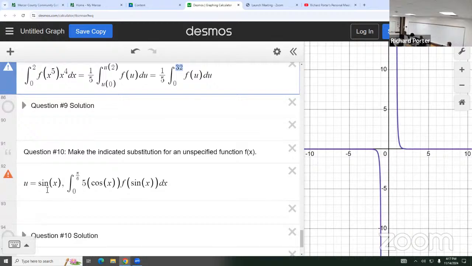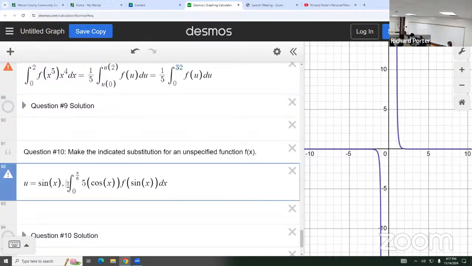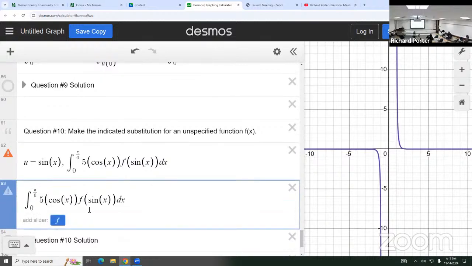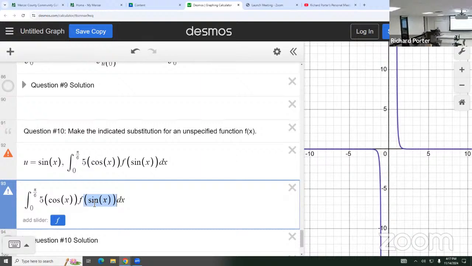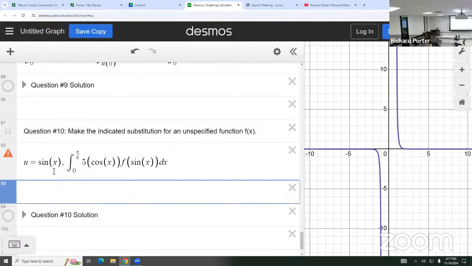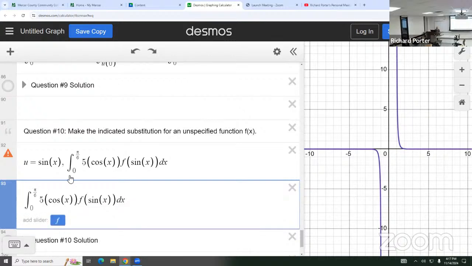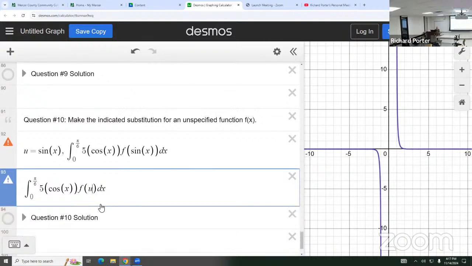Okay. This one here is probably one that you can just get Desmos to do. Oh, no, it won't. You can't do it because there's another F up in here. So this is another one of those, just like the other one. So I'm going to replace this, except they're telling you sine is u.